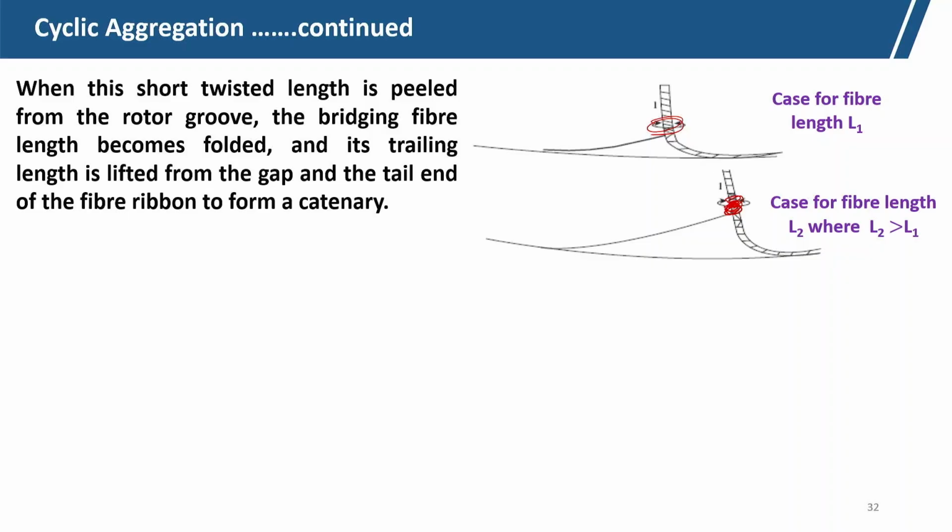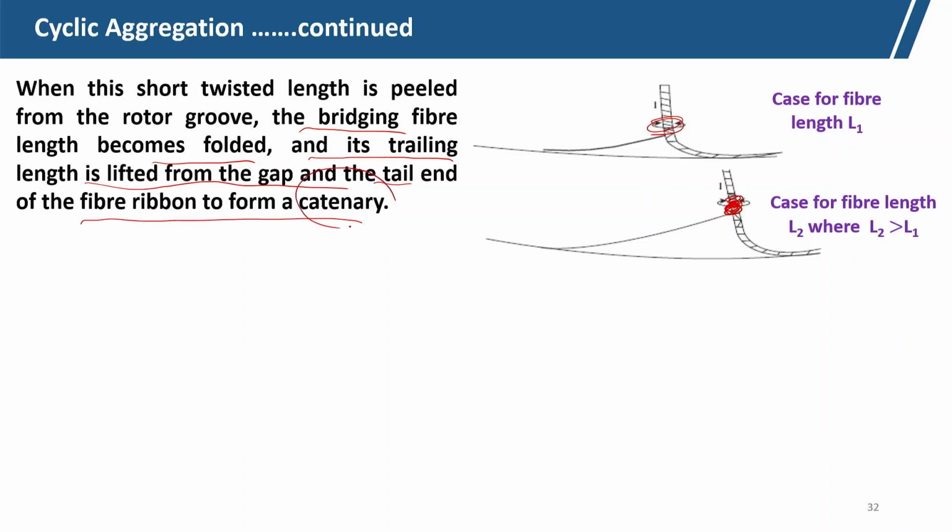When the short twisted length is peeled off to the rotor groove, the bridging fiber length becomes folded and its trailing end is lifted from the gap, and the tail end of the fiber ribbon forms a catenary.